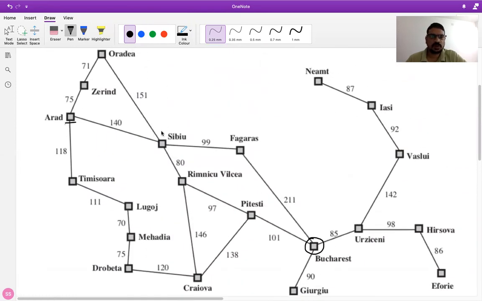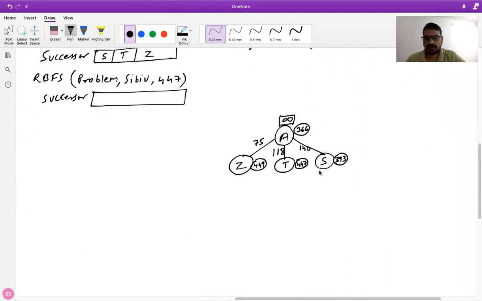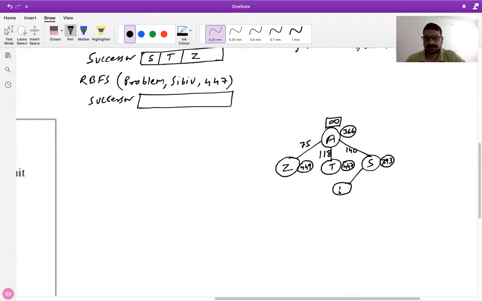We can go to Oradea, Arad, Fagaras, and Rimnicu Vilcea. So we have 4 options from Sibiu. The first option, let's say, is Arad.